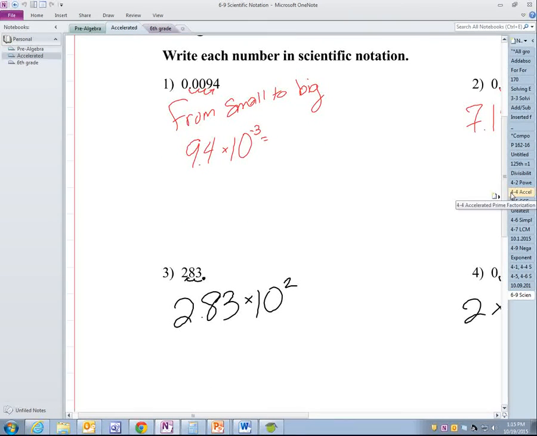It was this stuff where whenever we adjusted to get 9.4 times 10 to the negative 3, if we wanted to make that 10 to the negative 2, it would move to the, let's see here. So when it goes from small to big, it goes to the right, and we were making it go 94. Wait a second.